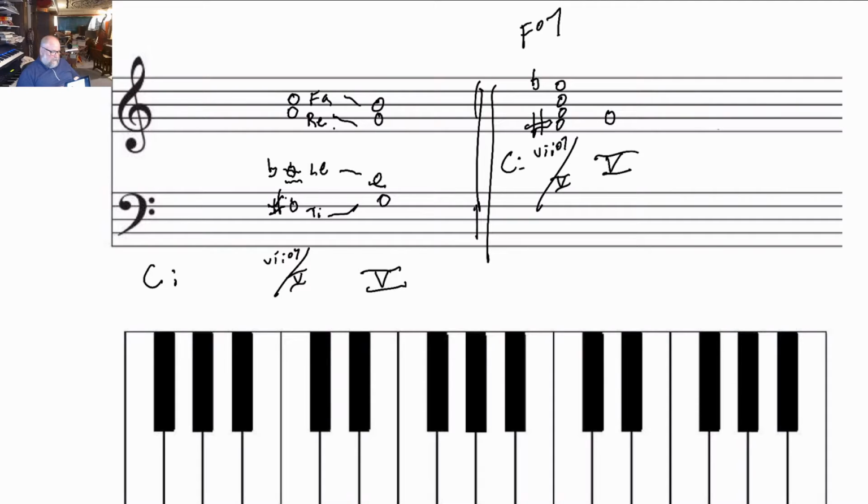Cool? Okay, so where could this come from? Well, there's a couple thoughts, and it comes back to that idea of using non-chord tone vocabulary to describe motion. So let's pick one.